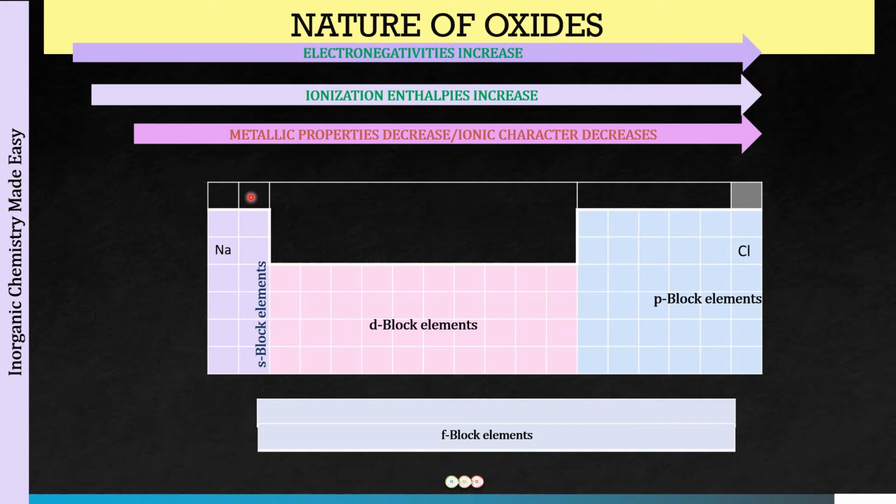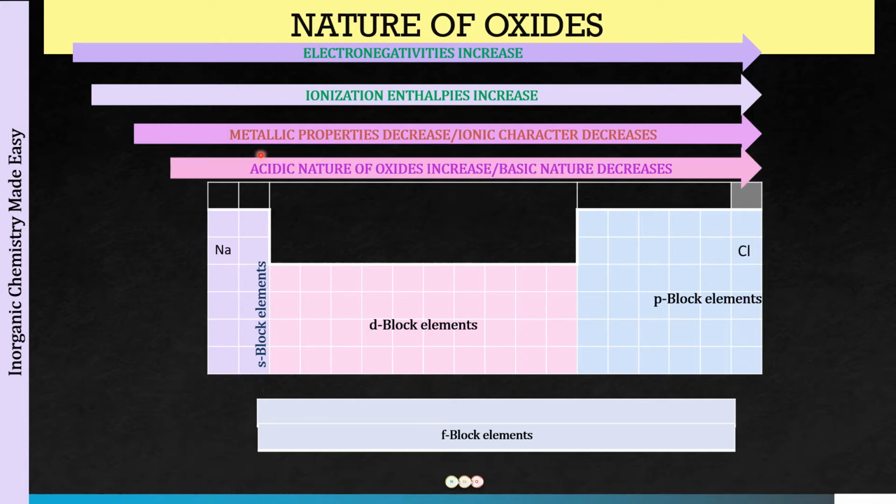Okay, and what about the electronegativities? We have already seen that sodium is less electronegative, chlorine is more electronegative. So this means from left to right, the electronegativity values are increasing. Okay, now what we have learned is when the electronegativity value is less, it is going to be a basic oxide, and when the electronegativity value is more, it is an acidic oxide, right? Sodium oxide is basic, chlorine oxide is acidic.